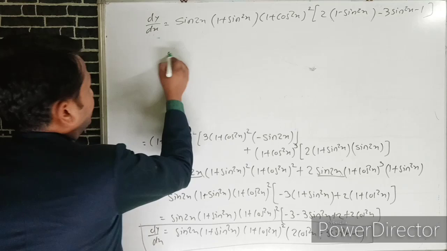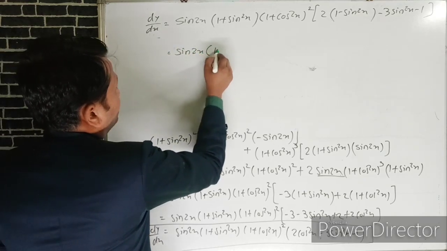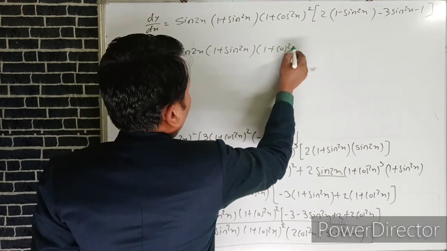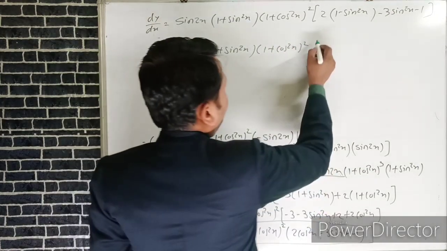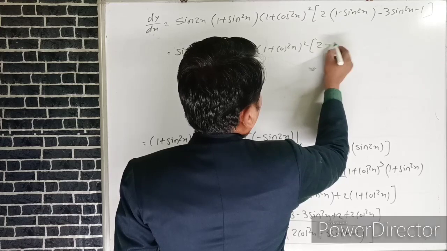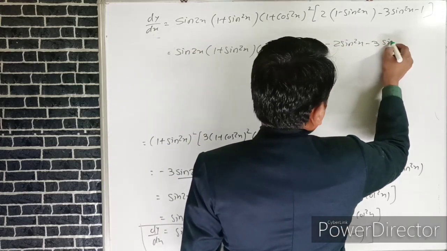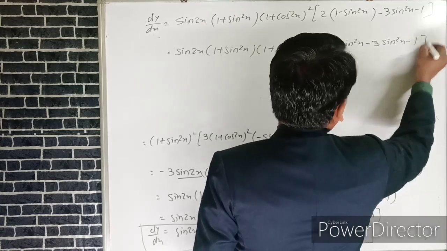After that we can write sin 2x, 1 plus sin square x, 1 plus cos square x whole bracket square into 2 into 1, 2 minus 2 sin square x minus 3 sin square x minus 1.